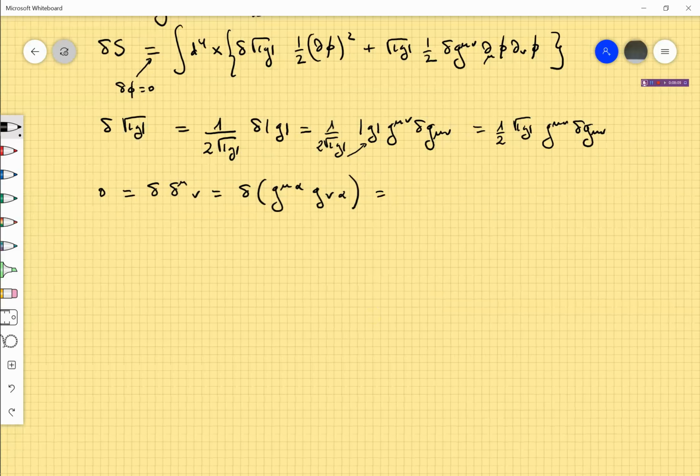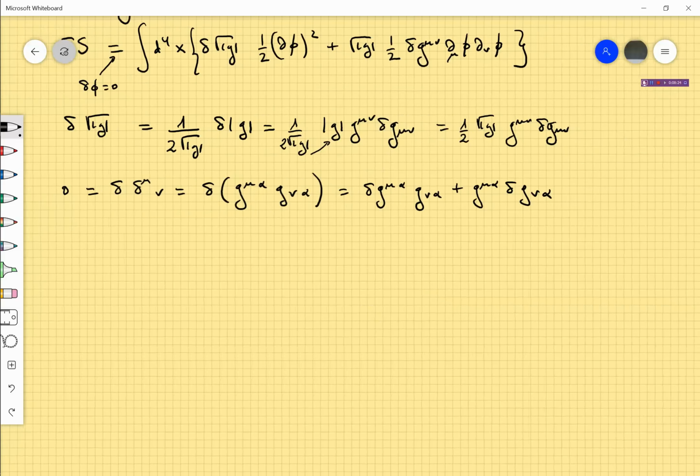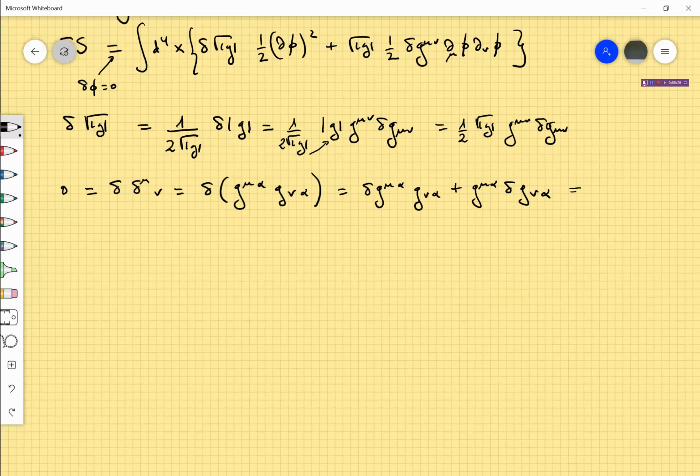Then I apply the Leibniz rule, and this is delta g^{mu alpha} g_{nu alpha} plus g^{mu alpha} delta g_{nu alpha}.